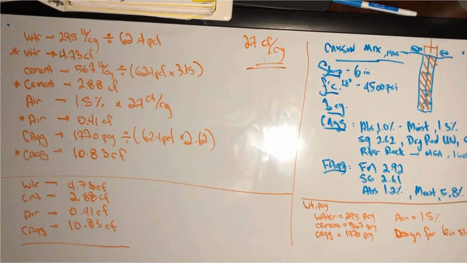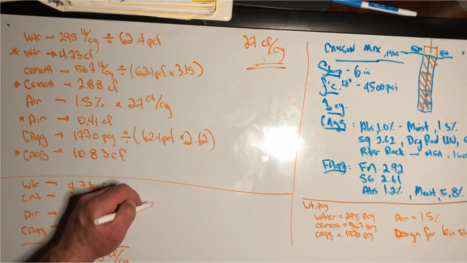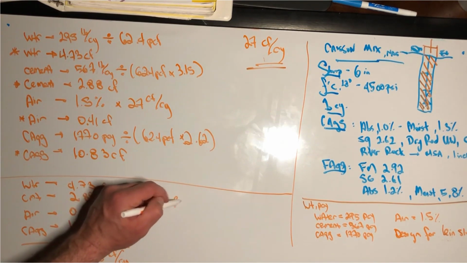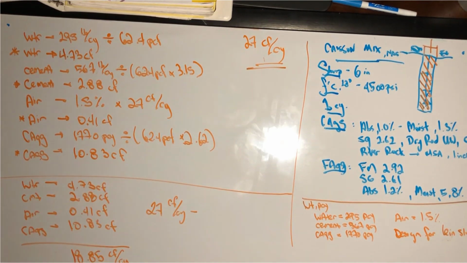Now if I add all that together, 10.83 plus 0.41 plus 2.88 plus 4.73, it gives me 18.85 cubic feet per cubic yard. But remember, I only have 27 cubic feet per cubic yard to play with.